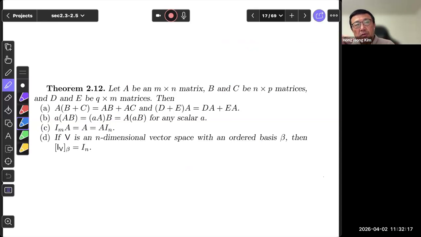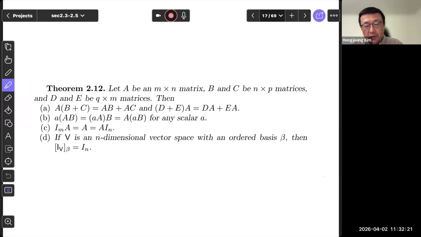In the case of matrix multiplication, we can easily prove that it satisfies this distributive law. We also learned that it is associative, and a scalar may be multiplied at any point in the calculation.